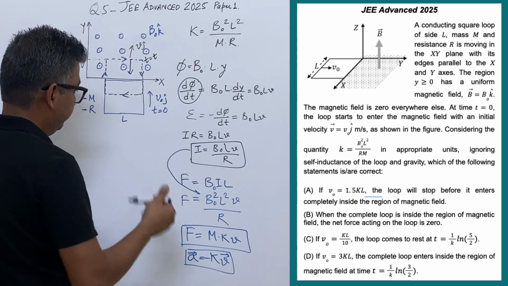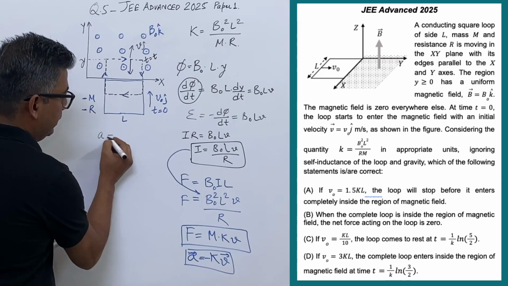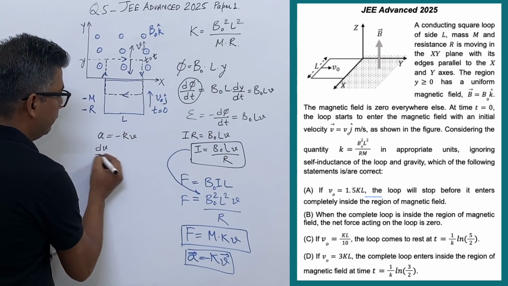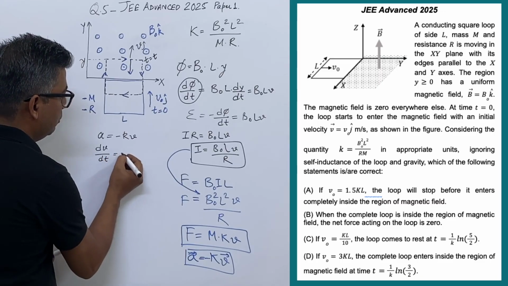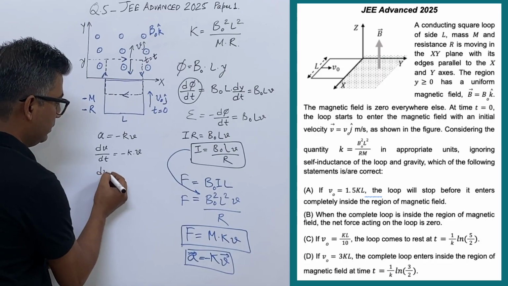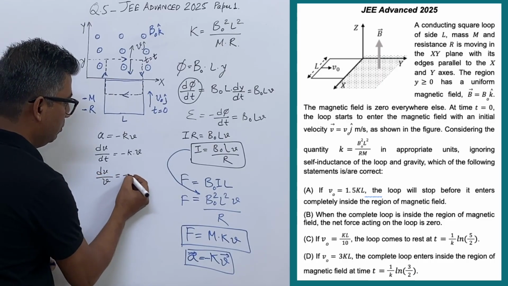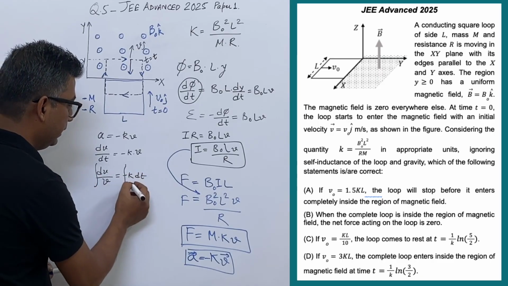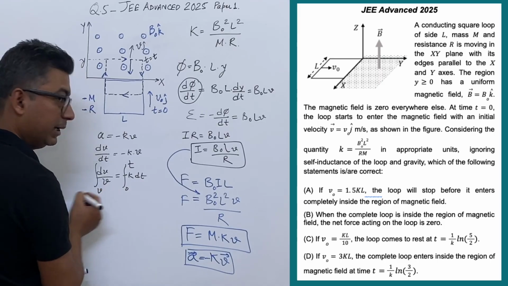So now let's see. My acceleration is equal to minus K V by M. I can write it in the form of d v by d t is equal to minus K by M times v, or I can say d v by v is equal to minus K by M times d t. If I integrate it from 0 to time t, and what was my initial velocity?